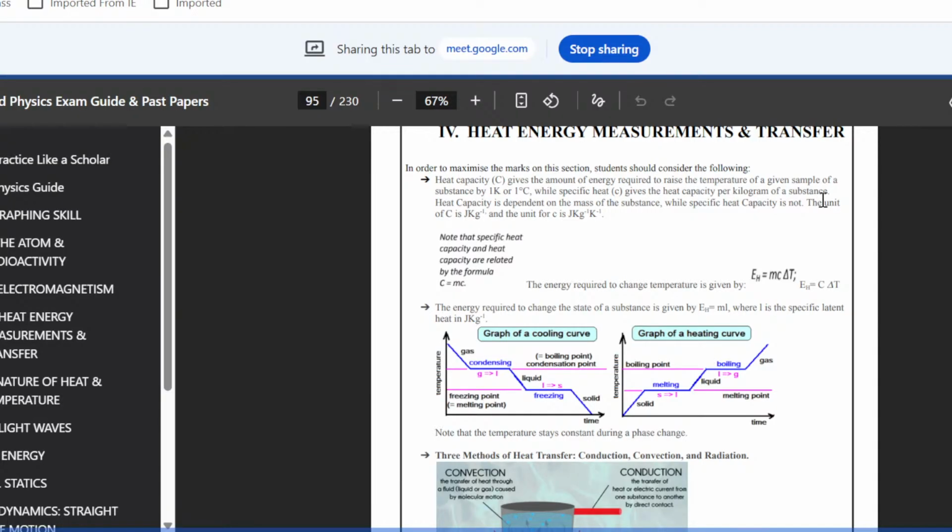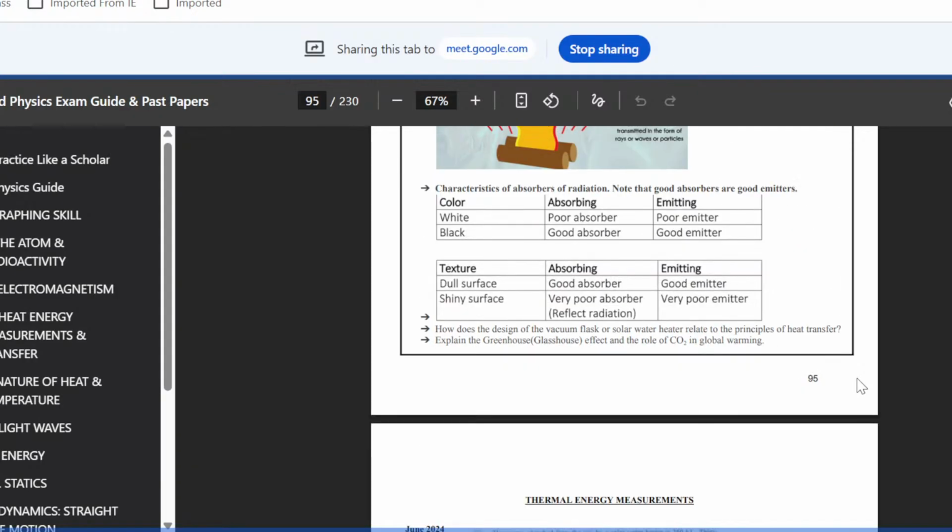If they tell you that they take ice out of the freezer at negative 10 degrees and they leave it out, and then it eventually reaches let's say 20 degrees, it's not just mcΔT that's involved in the change, because it had to undergo a change of state. So make sure you are looking at that.